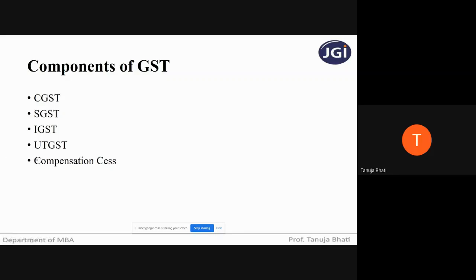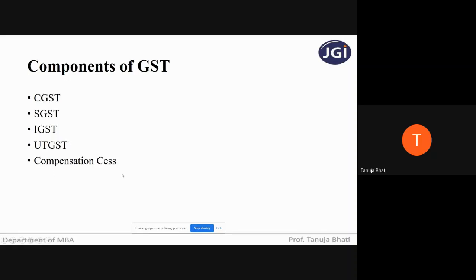But in case of UTGST, it is called union territory because these union territories are being administered or legislated by the central government. So if any sale is happening in the union territory, you're going to charge UTGST, that is Union Territory Goods and Service Tax, and CGST.